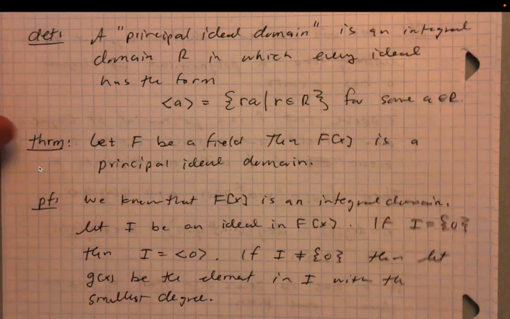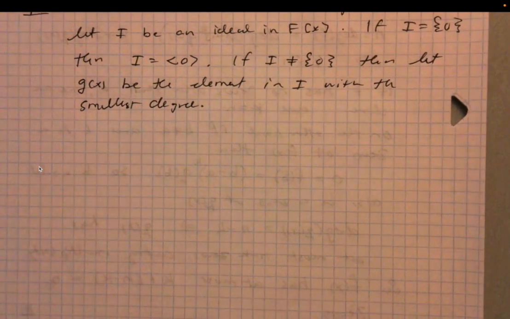There may be multiple elements that have the same small degree; let g be one of them. For example, if the smallest polynomial has degree 2, then g(x) is a second degree polynomial. If the smallest polynomial in I is a constant, then g(x) is a constant.